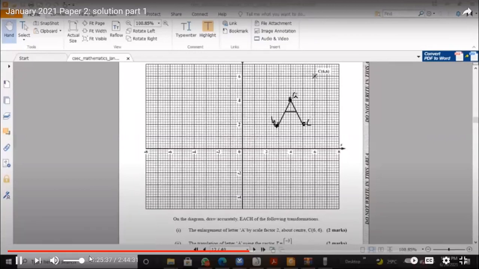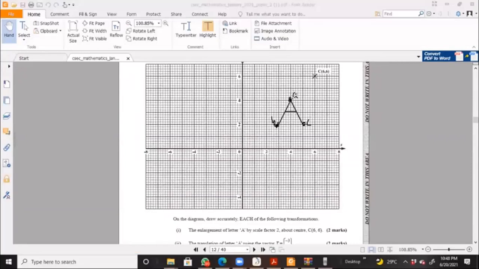What I'm going to do, ladies and gentlemen, is count from A to A prime, and whatever I count, I'm going to double it. I'm going from the center, C, to A. So I count 0, 1, 2, then 0, 1, 2.